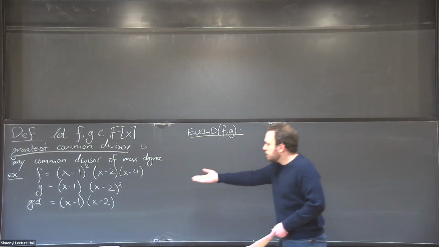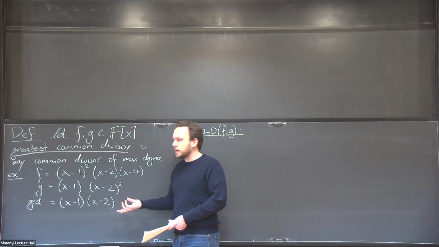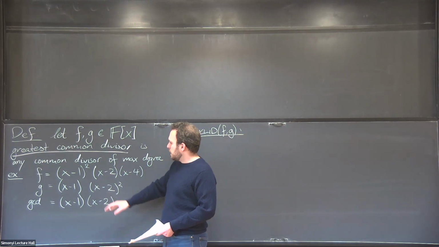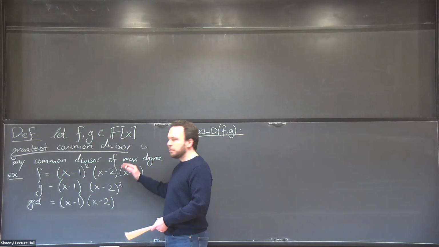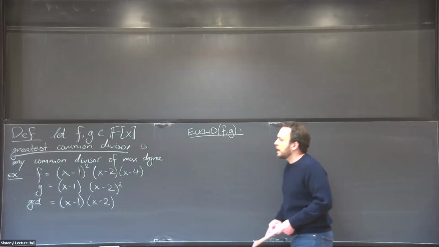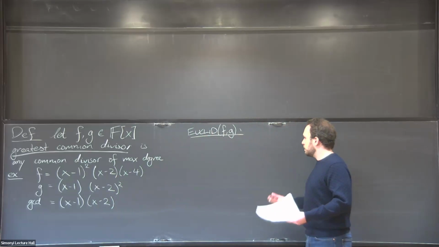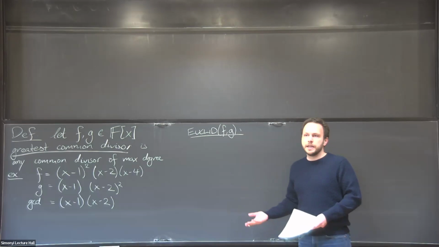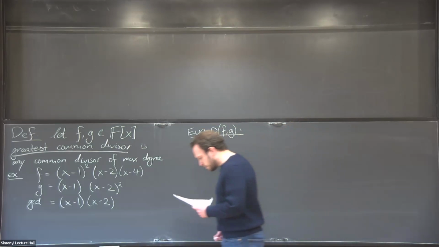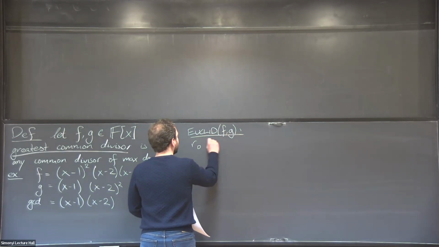So one way you could compute this is you could be extremely clever and try to factor f and g, and then just compute the GCD by taking each factor with the minimum multiplicity that you see. But you can compute this without actually knowing the factorization of f and g. And the way that this was first discovered was via the Euclidean algorithm. So let me just remind you what this is, because this is going to be our baseline.